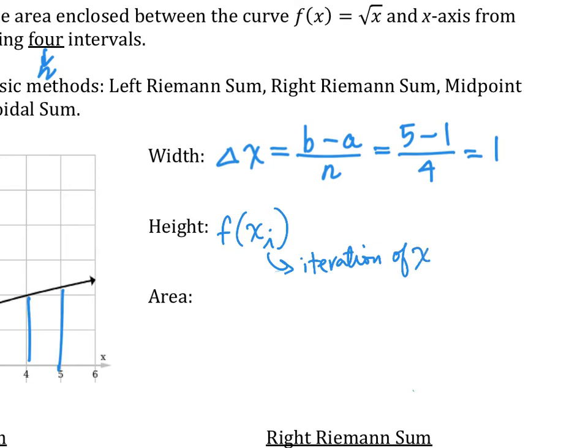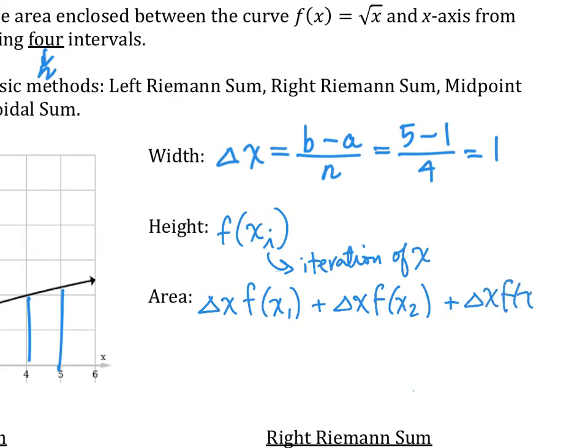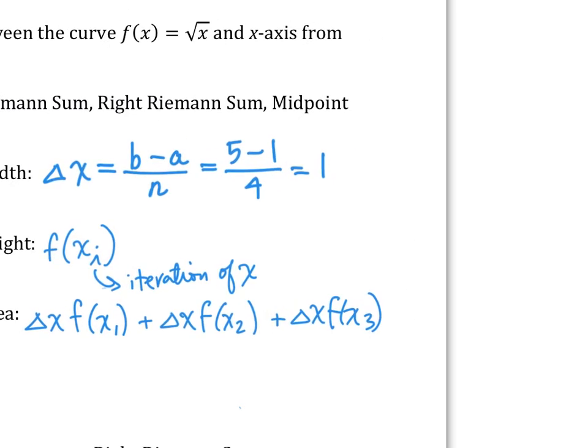So then the area is going to be width times height. The width is always the same, and then we have the first height plus the second height plus the third height, and so on until we add up all of the rectangles.